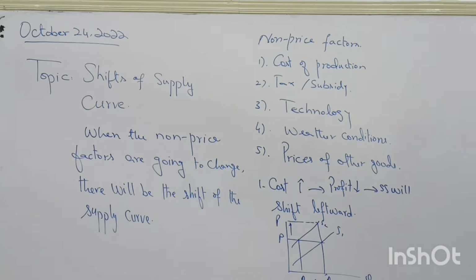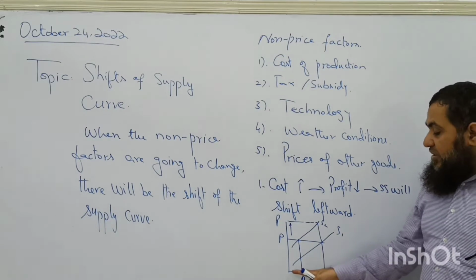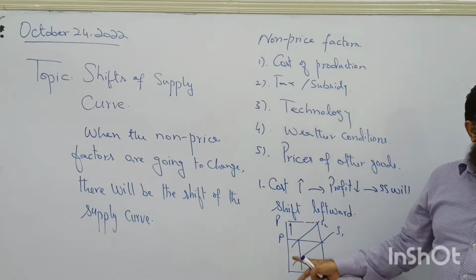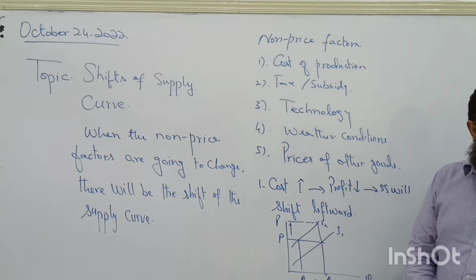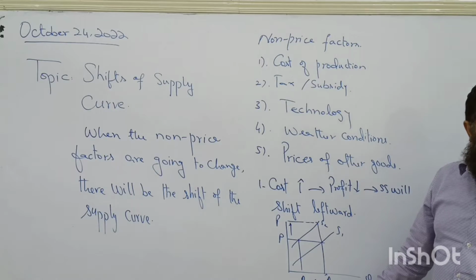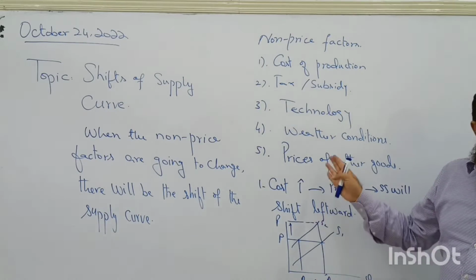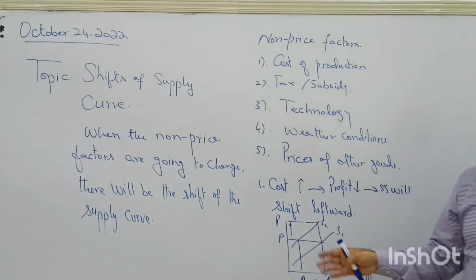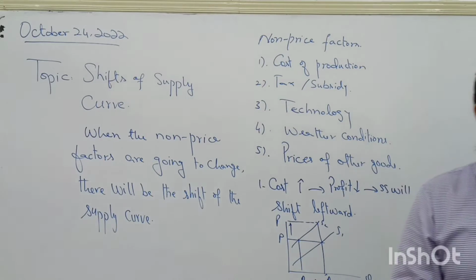In order to cover that, they will increase the price level. So when supply shifts upward or leftward, we see there is a horizontal change in the output produced if price remains same. And if the output level remains same, the producers will increase the price of the product because their cost of production has increased.